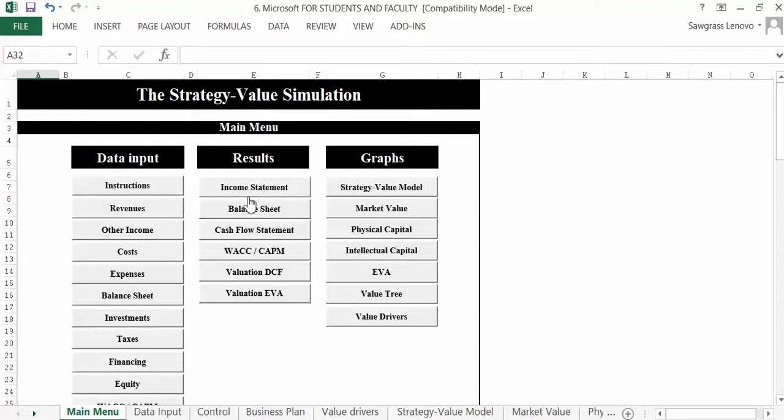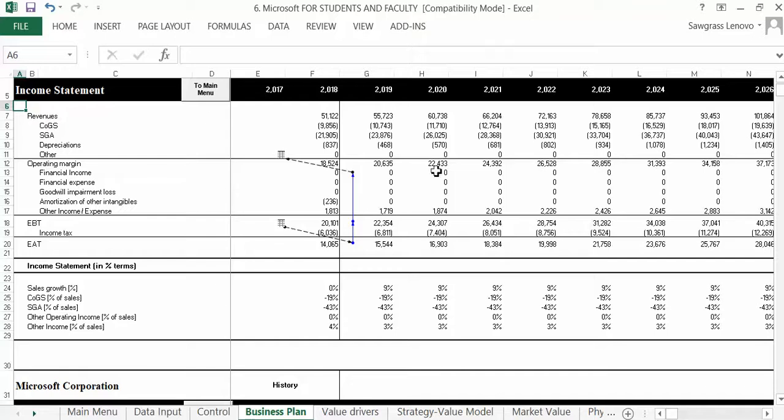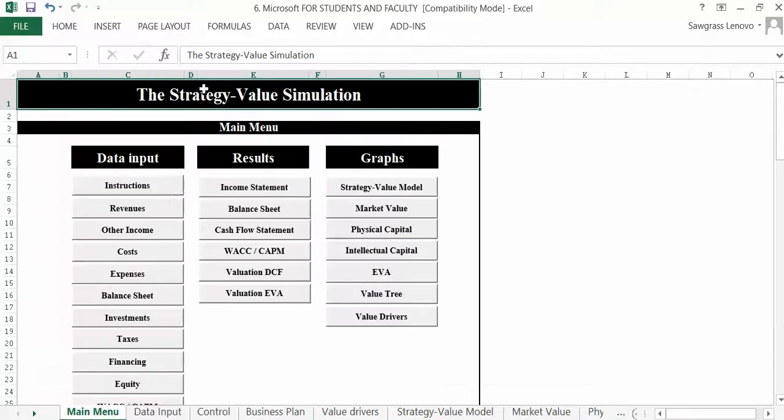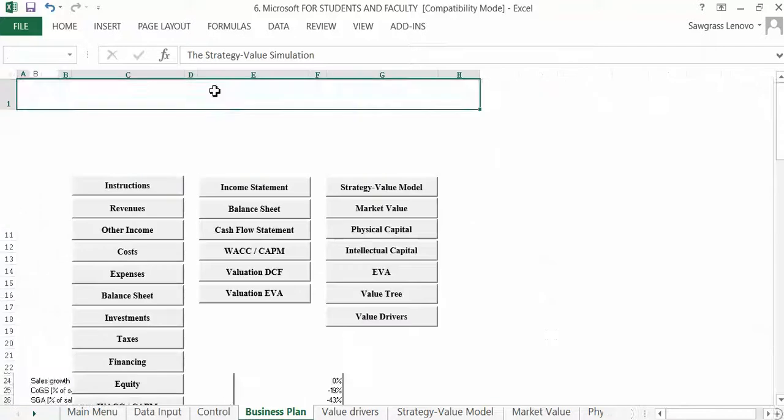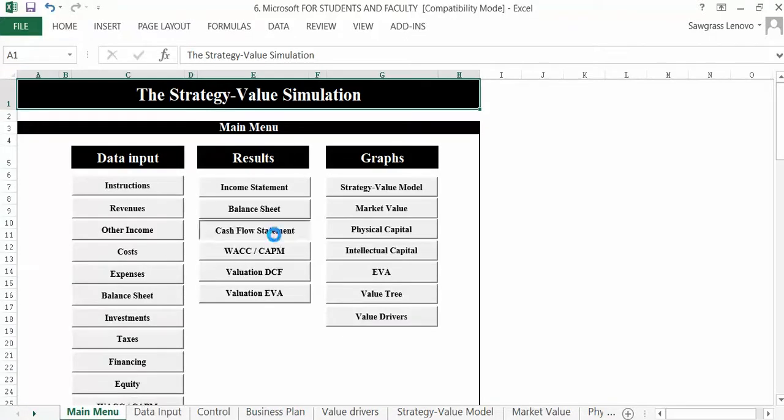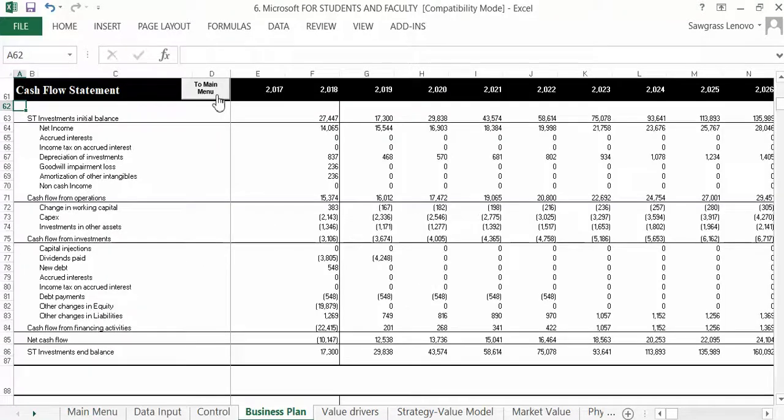Let's go here to Results. Once you finish, you will have the income statement here. You see revenues, expenses, etc. Then you have the balance sheet, same thing: assets, liabilities, whatever. Then you have a cash flow, which is interesting in the case of projects.